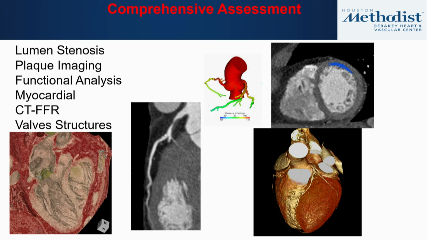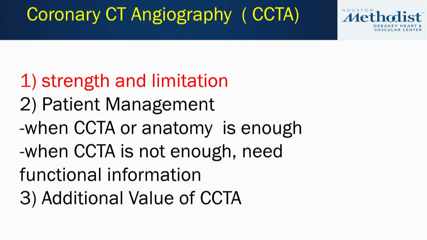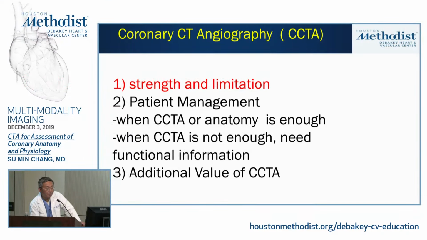But regardless, we're going to talk about the strengths and limitations and how the CTA can help us manage the patient, especially when CT is good enough with anatomy only, okay, which is quite a few, depending on the patient that you image.